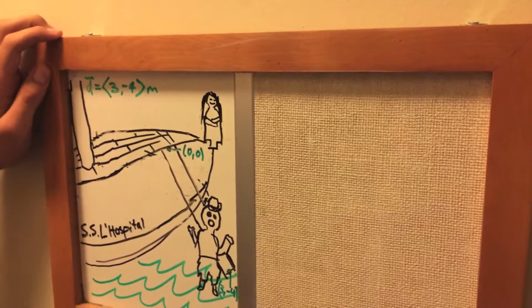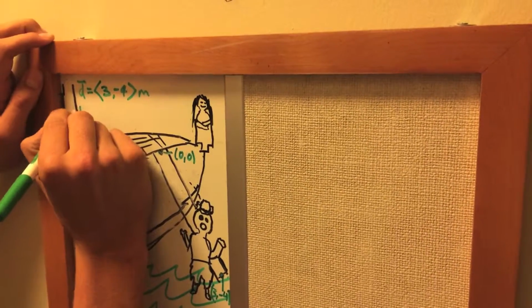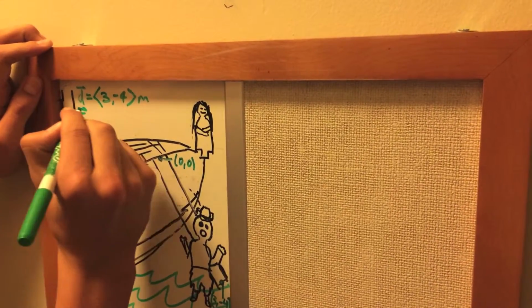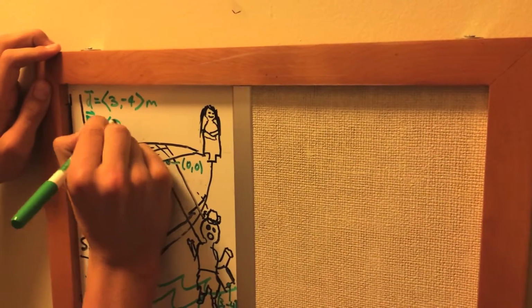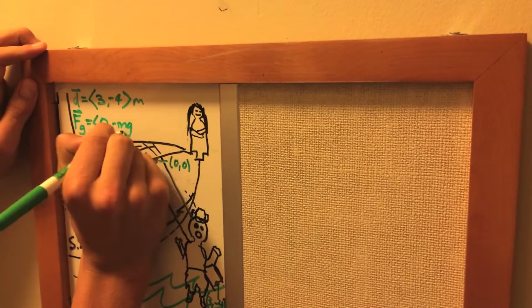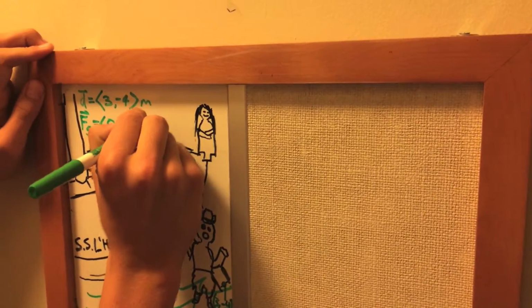And then in the problem, it said that our force vector is actually just the force due to gravity, which is (0, -mg) newtons.